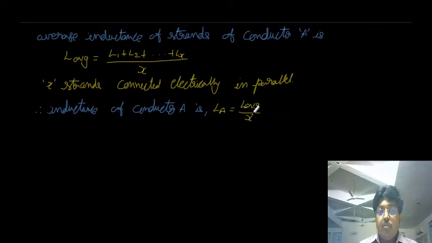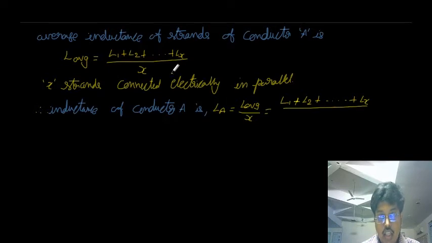L average is L1 plus L2 plus so on Lx by x, divided by x, so we get x into x, that is x square. So the resultant is L1 plus L2 plus so on Lx by x square. This is the inductance of conductor A.